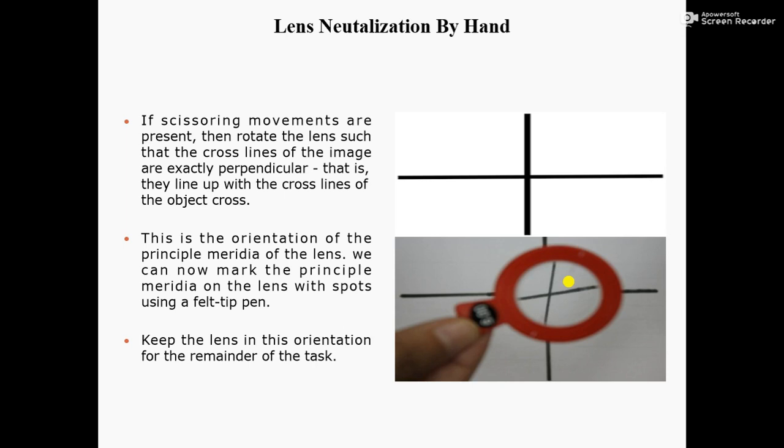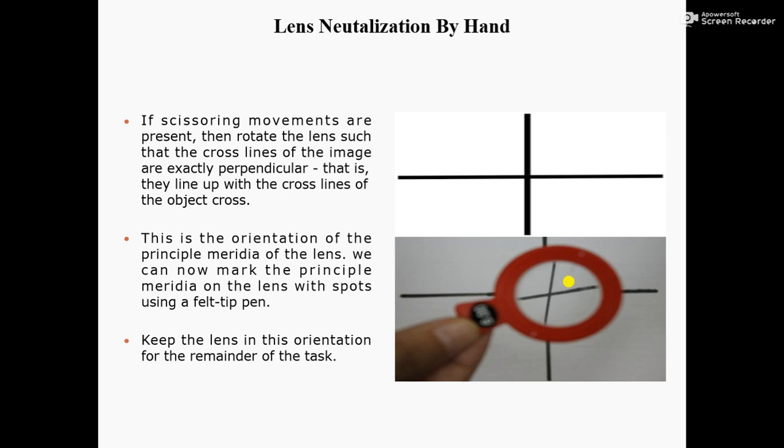This is the orientation of the principal meridian of the lens. We can now mark the principal meridian of the lens with spots using a flat tip pen. Keep the lens in this orientation for the remainder of the task.